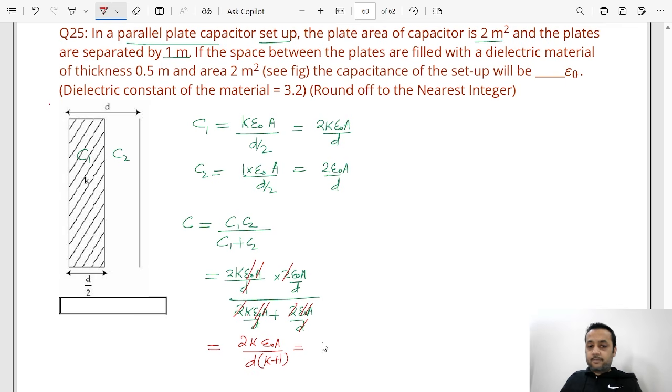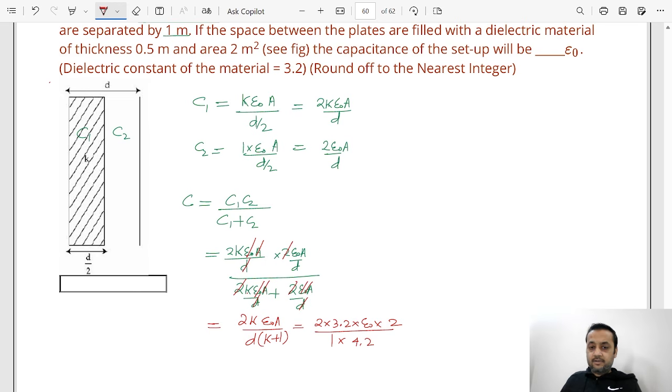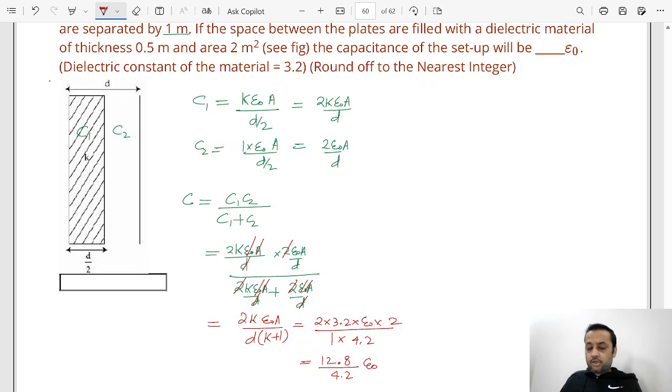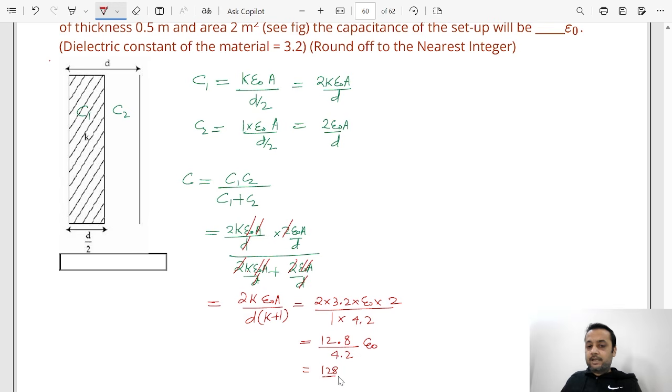Now we can put in the values. K is 3.2. We have to answer in terms of epsilon naught itself, so we keep it as it is. The area of the plate was 2 meter square, D is 1 meter, and K plus 1 becomes 4.2. So 2 into 2 into 3.2 gives 12.8 upon 4.2 epsilon naught, which basically becomes 128 upon 42.